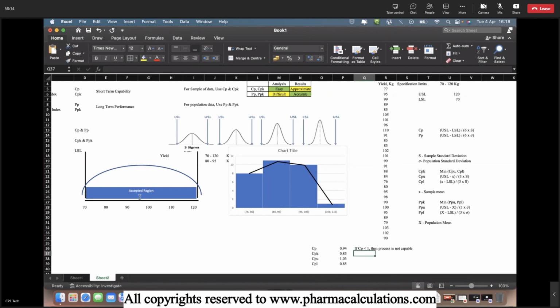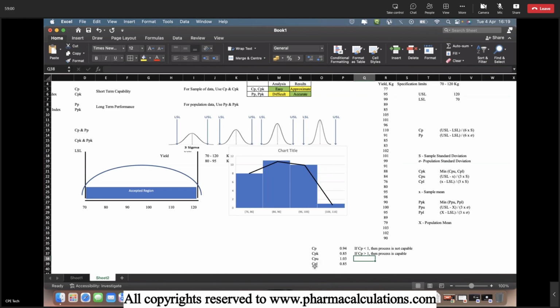That means you are having multiple rejections, and you cannot get the data points within the range every time, because the standard deviation is high. And if Cp is greater than 1, then the process is capable, and there are certain other conditions that we will see later.